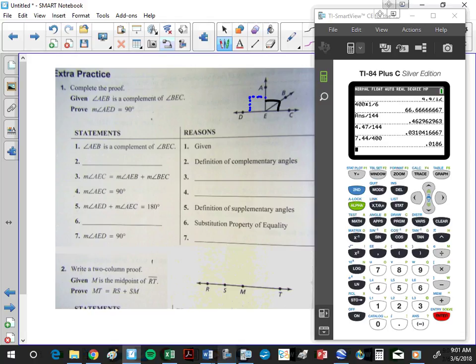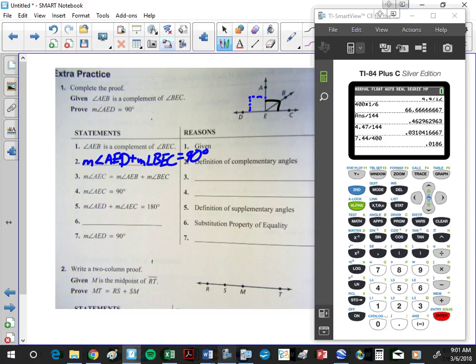What would you put for number 2 statement? What does it mean to be complementary? 90. So this would be the measure of angle AEB plus the measure of angle BEC equals 90 degrees.